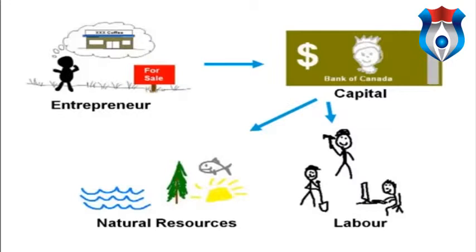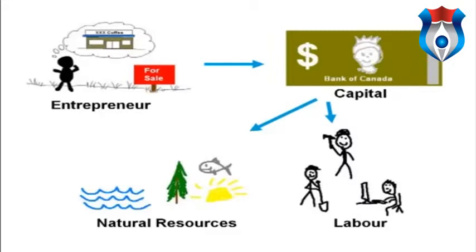Labor, the people that are going to work there in the coffee shop, making and selling the coffee on a day-to-day basis. Natural resources, the land itself the coffee shop will sit upon, the materials that get used to make the glass in the windows, the bricks, the coffee beans, the water, everything that's needed in order to allow this business to operate.